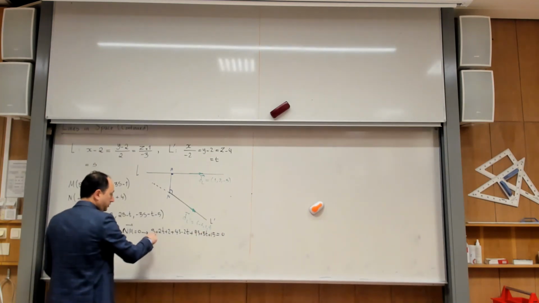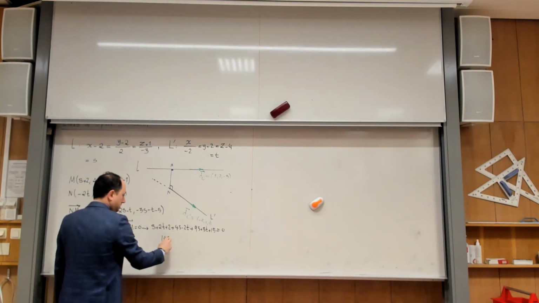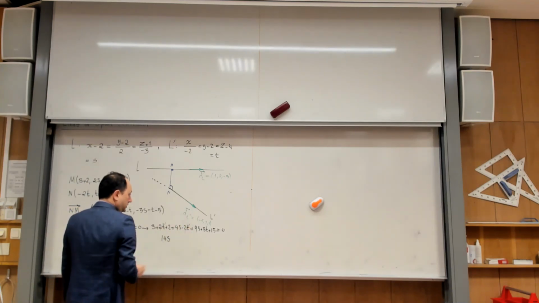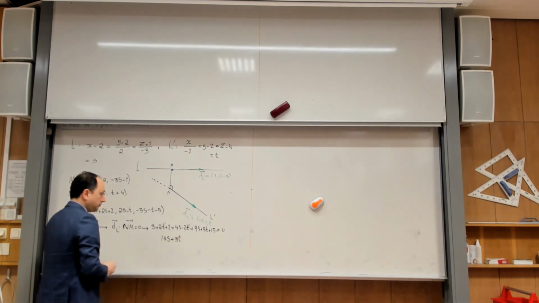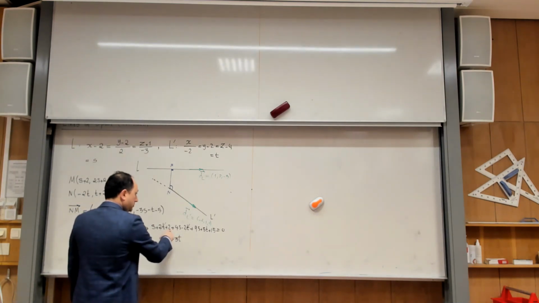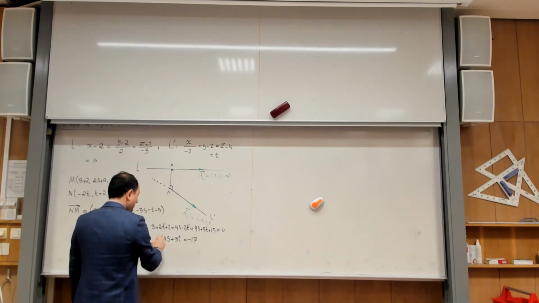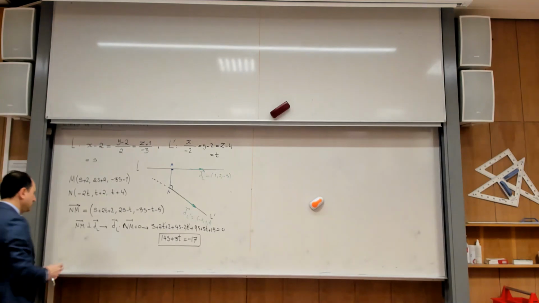Without going any further, let me simplify that. This becomes 14s, and then I have 2t and minus 2t cancel, there is a 3t left here. Then I have 2 and 15, 17. I move it to the other side, it's minus 17. That's one equation.